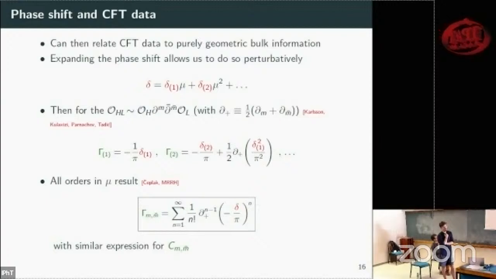So this on the left-hand side is now exact in mu. It's not perturbative like these results. And also this delta is exact in mu. This is just exactly what you would get from those bulk integrals at the beginning. And similarly for the 3-point functions.